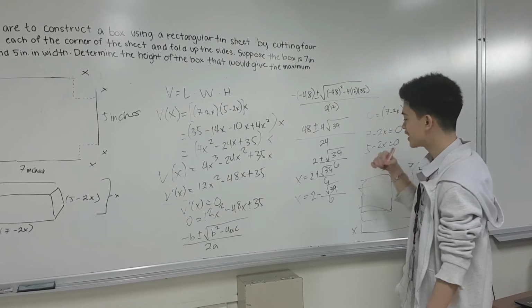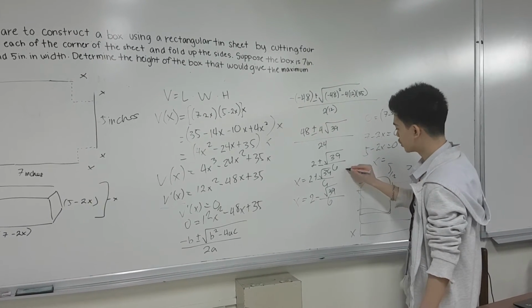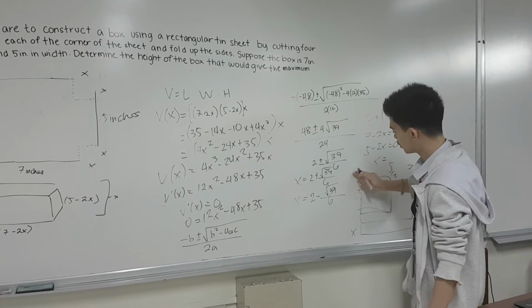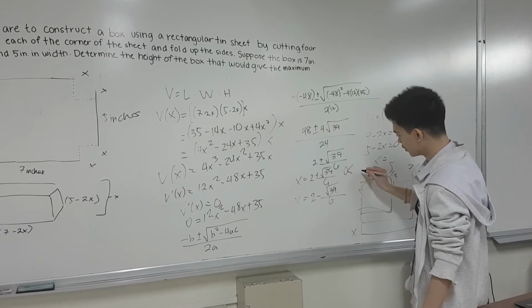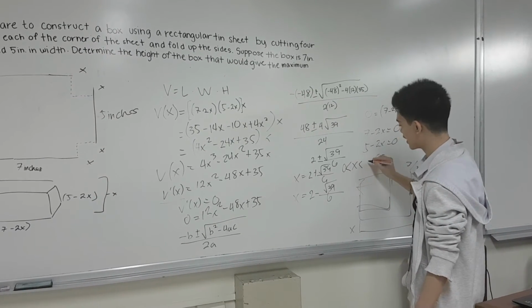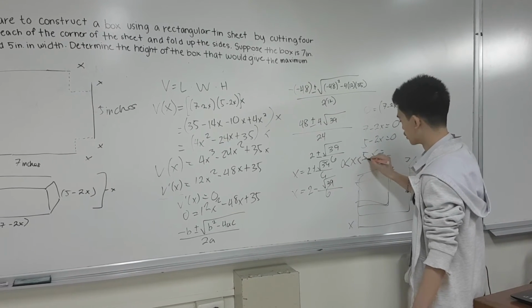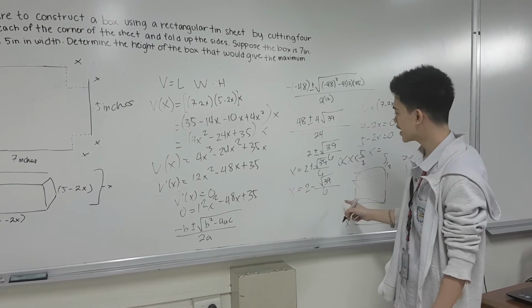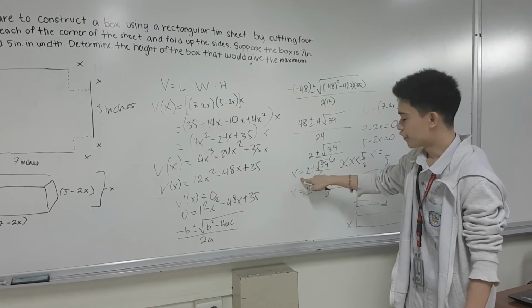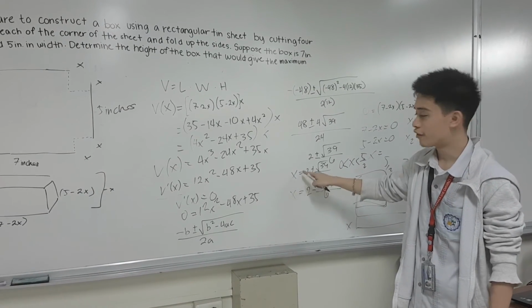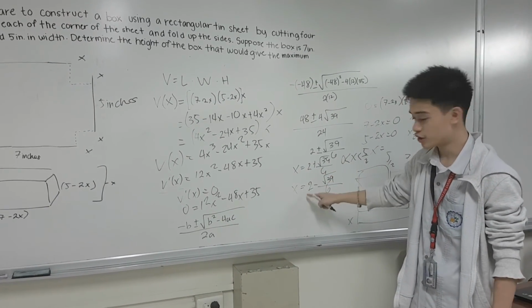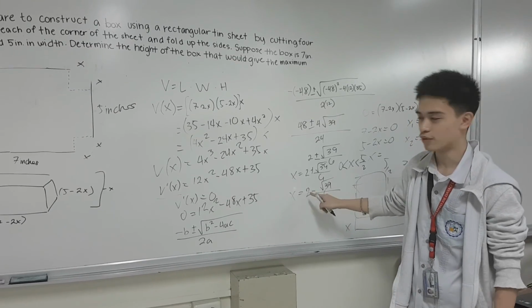That being said, we can tell that our x should be greater than 0, but less than 5 over 2. If calculated, our first x would reach approximately 3, while our second x, which is minus, would reach approximately 1.